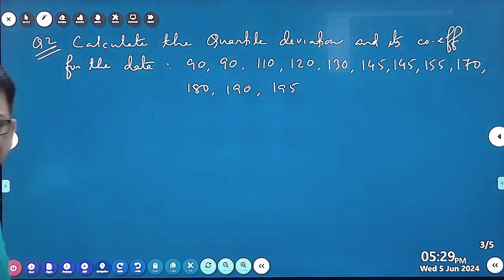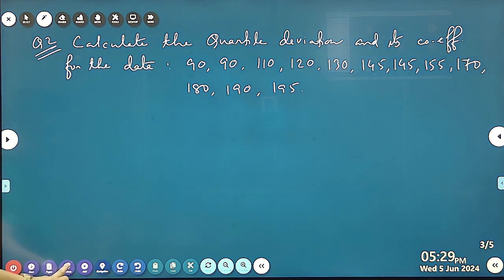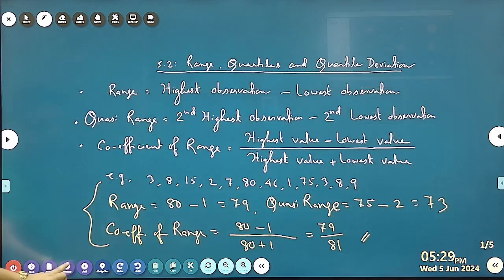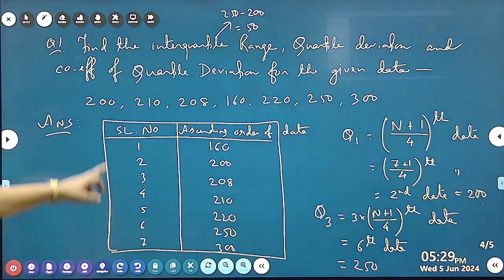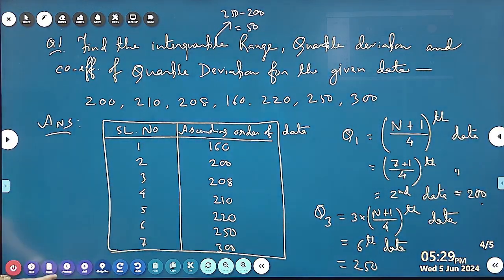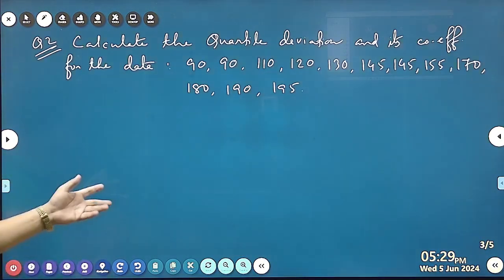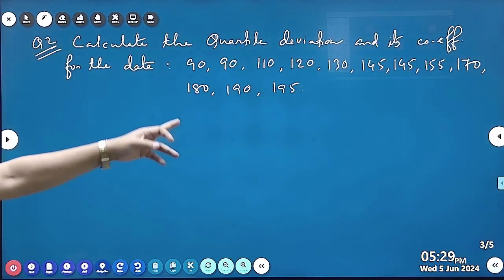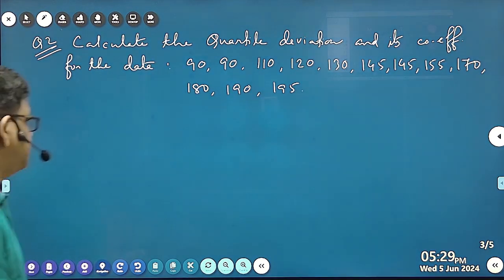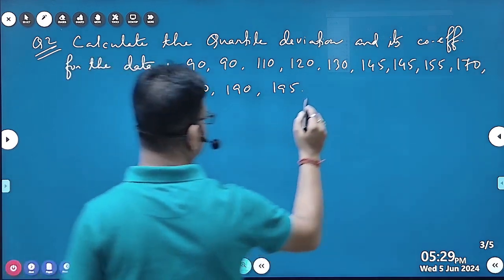Okay. Now one thing you see, the last question was not in order. So I arranged them in order. But look at this question. If it is in order, if you keep on arranging it in order, it's just a wastage of time. So this is already in order, so let us go for a solution here itself.